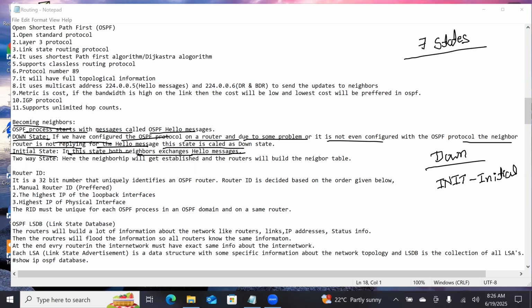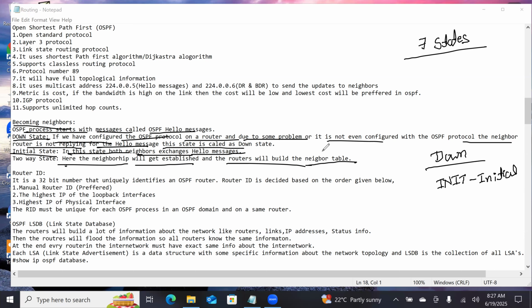Then it will go into the two-way state. So what happens in the two-way state? Here the neighborship will get established and routers will build the neighbor table. I think yesterday I told you it maintains 3 tables. What are those? First one is the neighbor table, topology table, and the actual routing table.